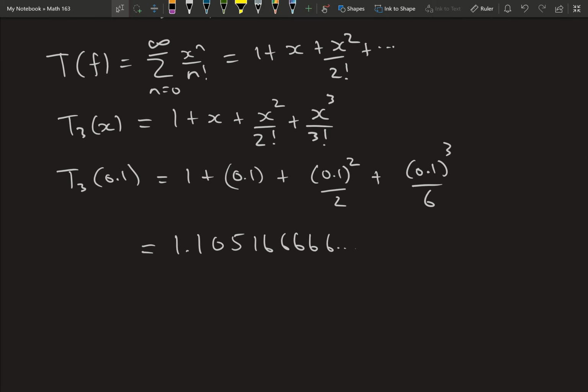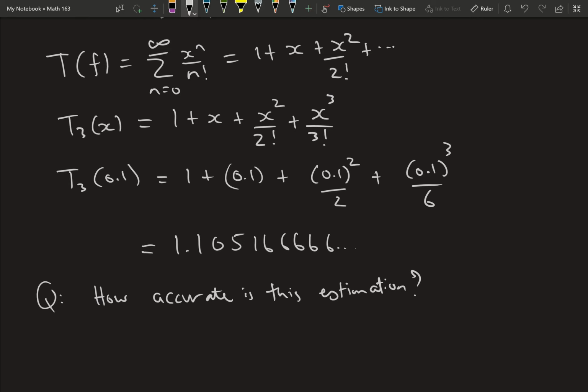Now the question is, how accurate is this? So the second question is, how accurate is this estimation? Now, for your final or for a written exam, I'm not going to ask you about accuracy.